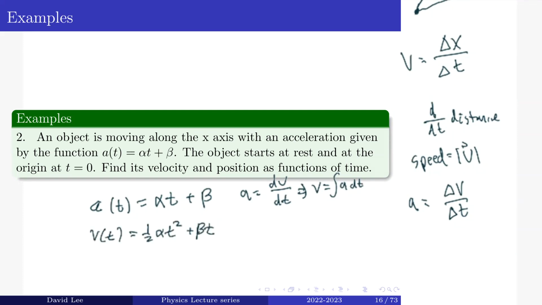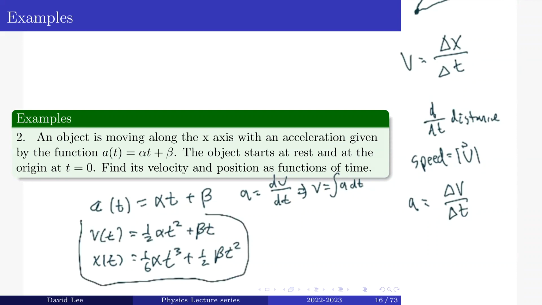And it starts at rest, so the constant of integration is 0. Then if we integrate again, we should get x of t equals 1/6 alpha t cubed plus 1/2 beta t squared. And again, the constant of integration is 0, so these should be our answers.